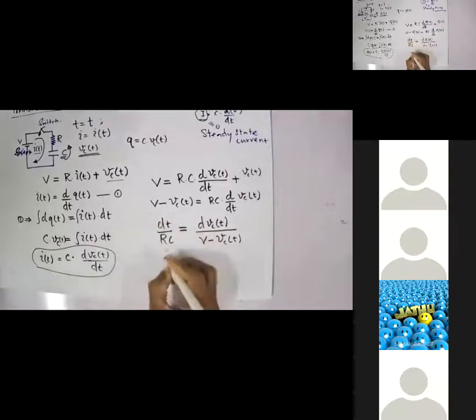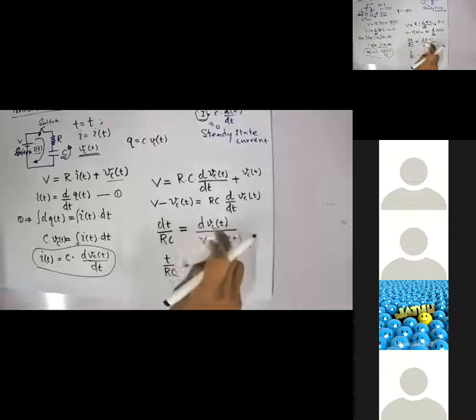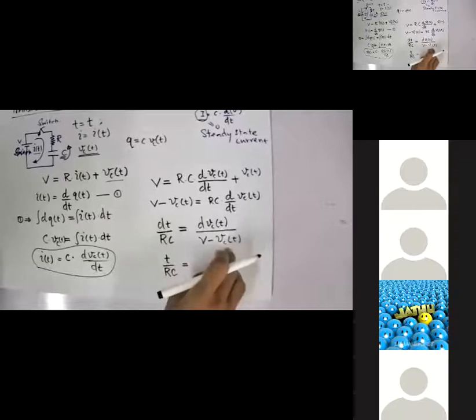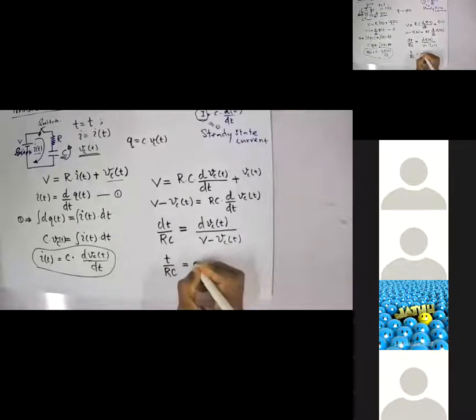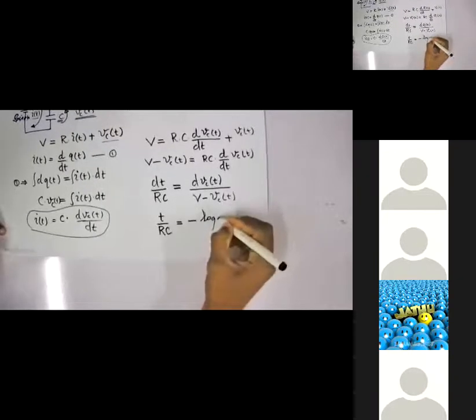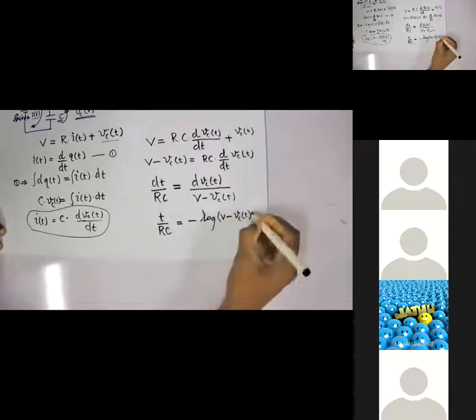So I can write this as t by RC equals the integration of 1 over V minus Vc of t into dVc of t, right? 1 over Vc will be log, so I can write it as minus log of V minus Vc of t.